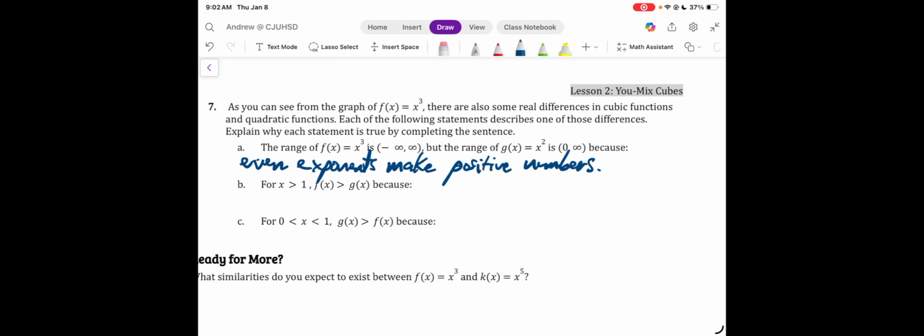Let's see, for part B, for x is greater than 1, f of x is greater than g of x. So in other words, the cubic is bigger than the quadratic because, again, x is greater than 1.